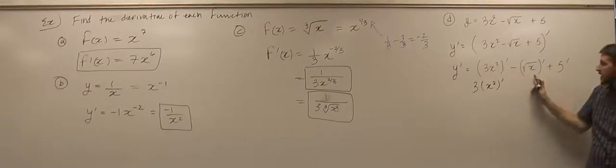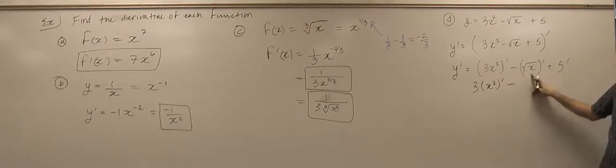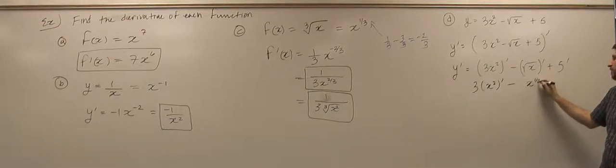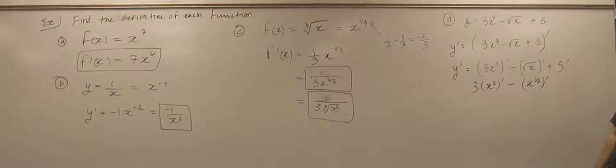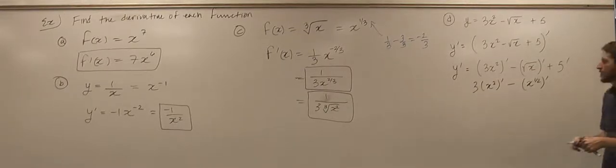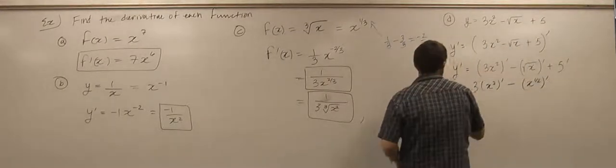Over here, you're going to have to rewrite this guy. What do you rewrite him as? X to the 1/2. And then you do your derivative formula for your power rule. What about the derivative of 5? 0. It's a constant, right?